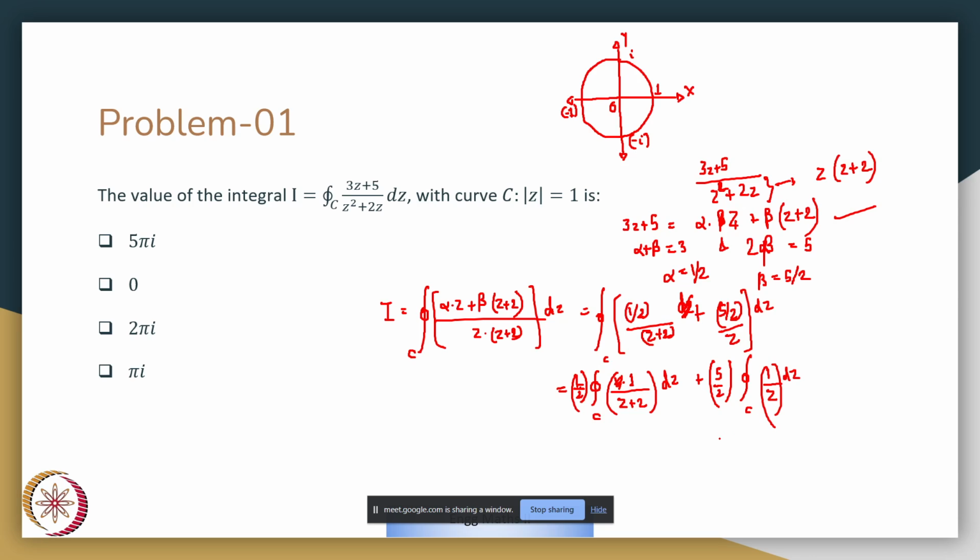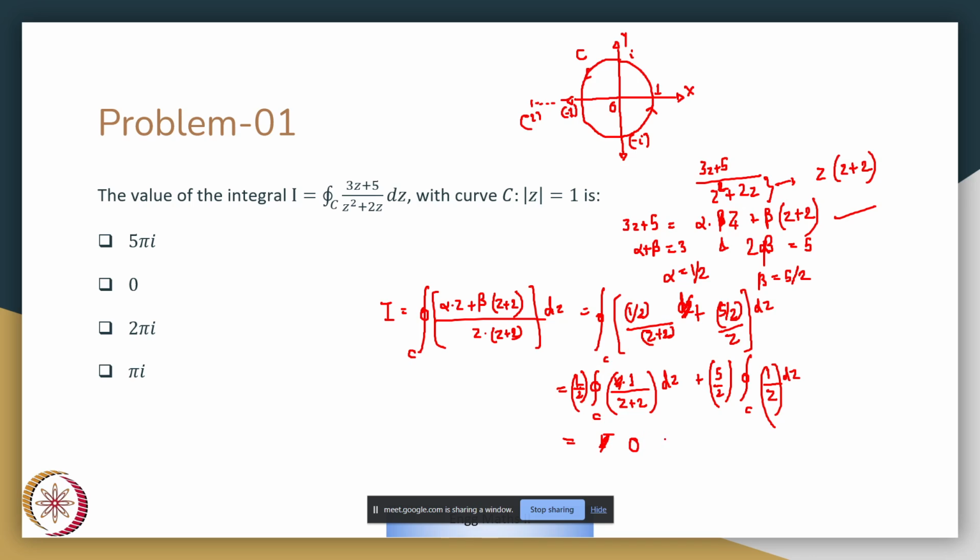So, 1 upon z plus 2, right? If we want to find the root of z plus 2, we essentially have z equal to minus 2, which is clearly outside my curve C, and therefore using Cauchy integral theorem, half times this thing should vanish.